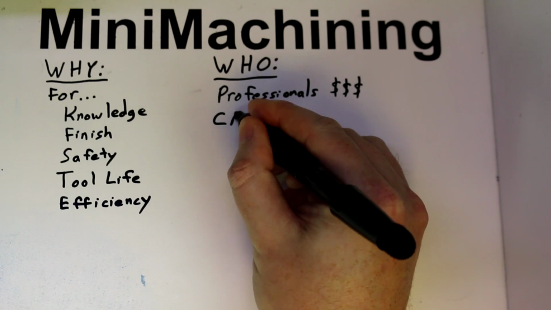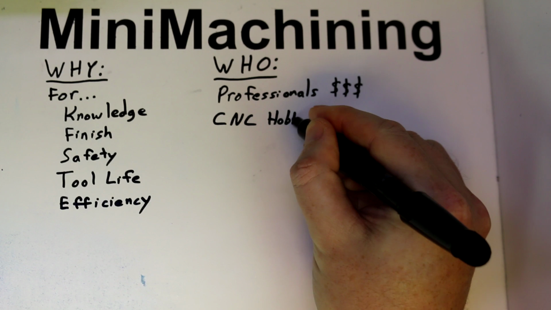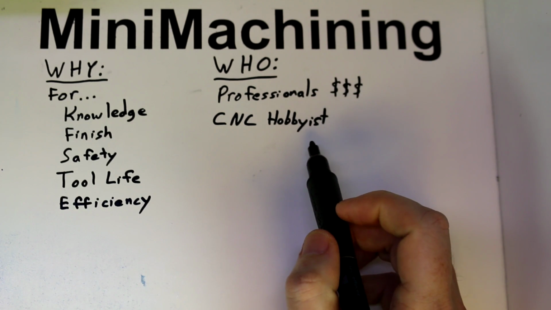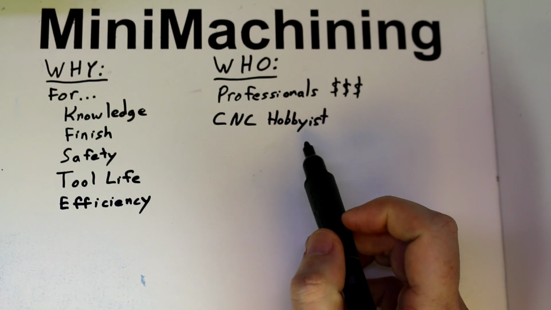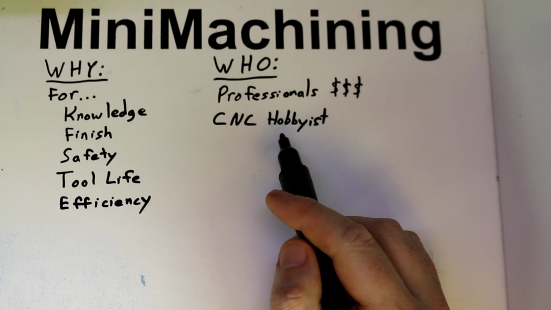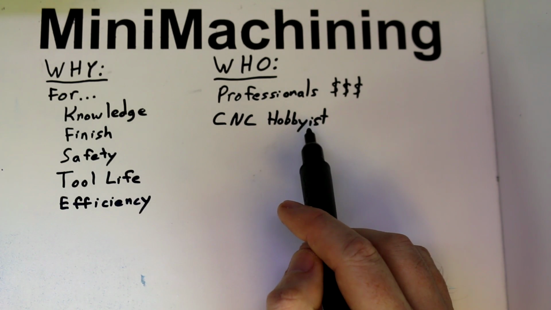Now, the next group, I would say, are CNC hobbyists, because we start to get to the point where we can finally control our machine speeds and feeds and move the machine around at a faster rate than we may be able to do by hand, and a more consistent rate than we'd be able to do by hand.